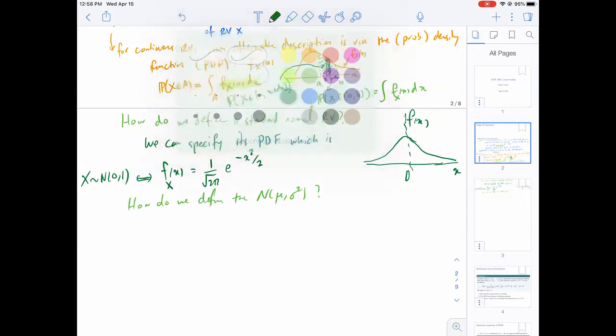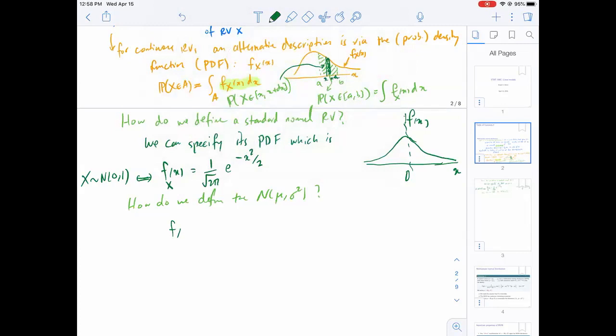Say that again. f of x is equal to 1 over sigma times square root of 2 pi, and then e to the negative quantity x minus mu over sigma squared, all over 2. Yeah, so that would be this.